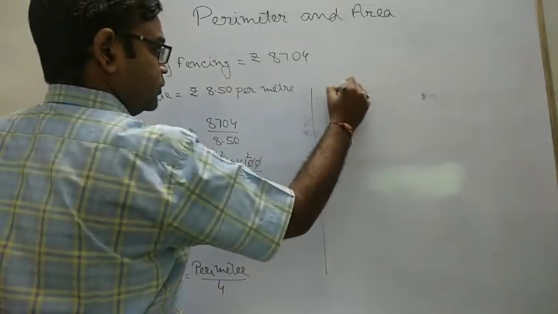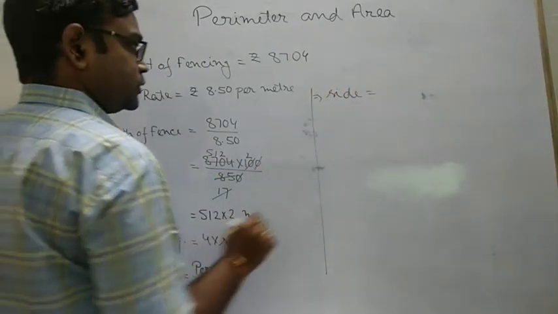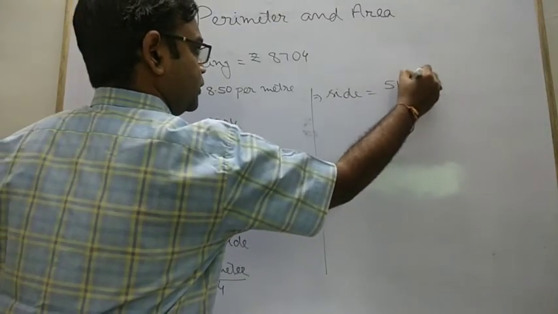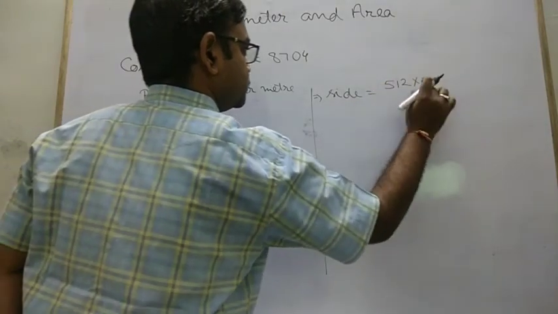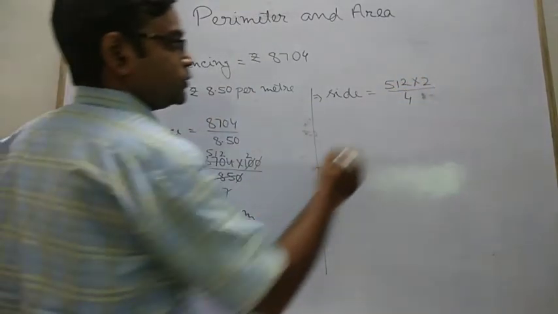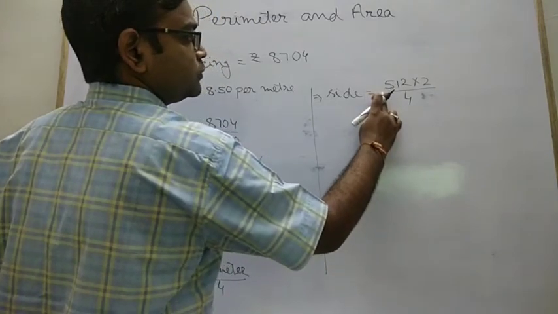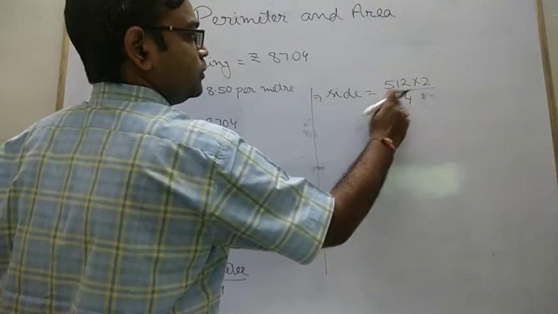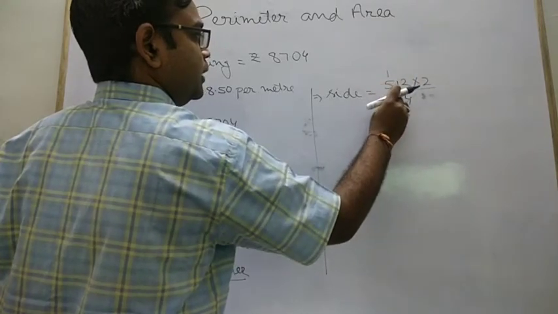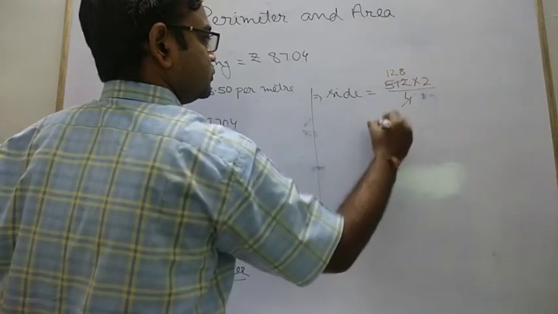So side equals to perimeter, 512 into 2 upon 4. So we'll try to cancel them. 4 1s are 4, 4 2s are 8, 4 8s are 32. 4 1s are 4, 11 is there, 4 2s are 8, 4 8s are 32.